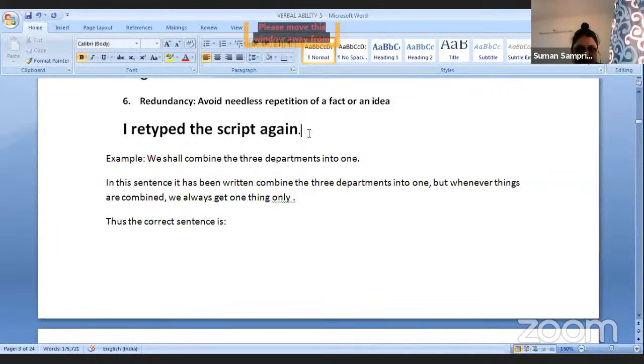This expression will be called redundant. So retype the script, or I type the script again. Correct, Arnesh, Abhiraj, Chandan, we typed this thing correct. Okay, that's it. That is what we need here by redundancy.